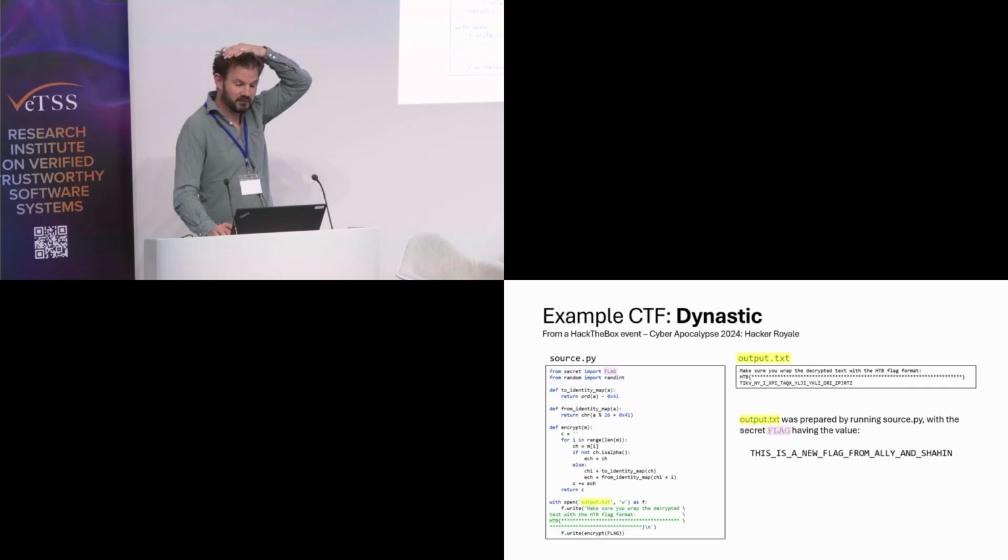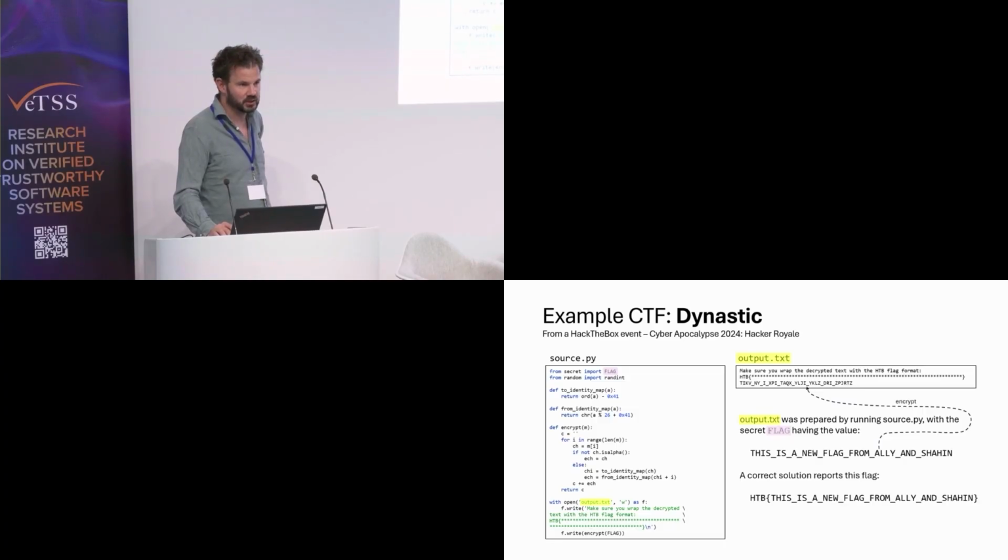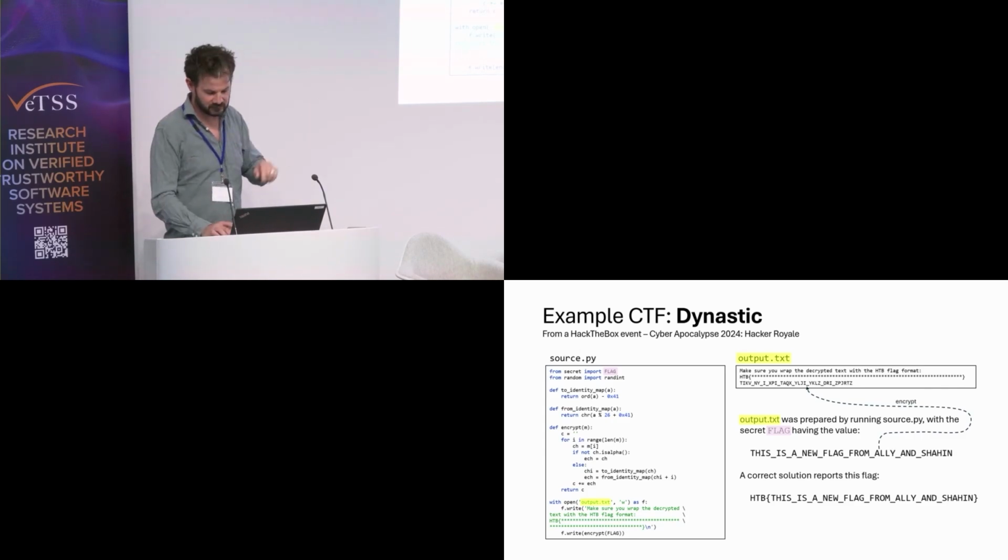So flag is that secret that's imported at the top, and the flag was encrypted into the contents of output.txt. And a correct solution should give the flag HTB, for Hack the Box, that's the convention in this challenge, and then in curly braces, the flag value. Okay, so the job is essentially to decrypt output.txt. And HTB, like I said, stands for Hack the Box.